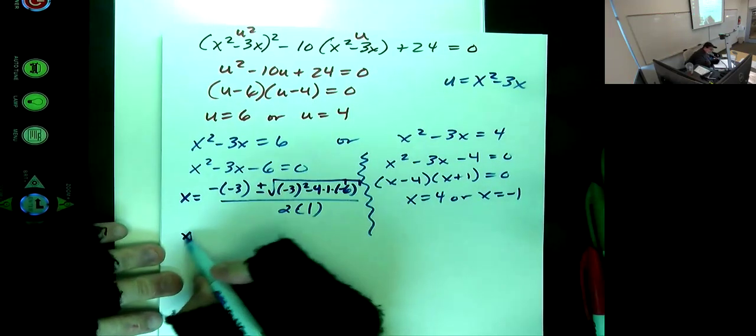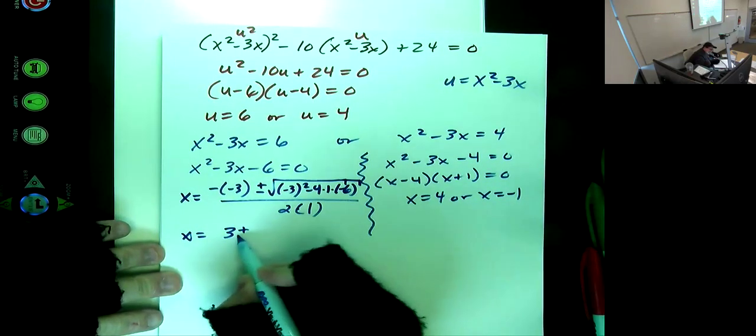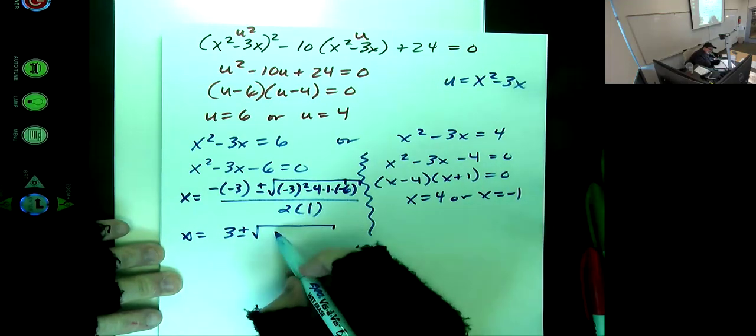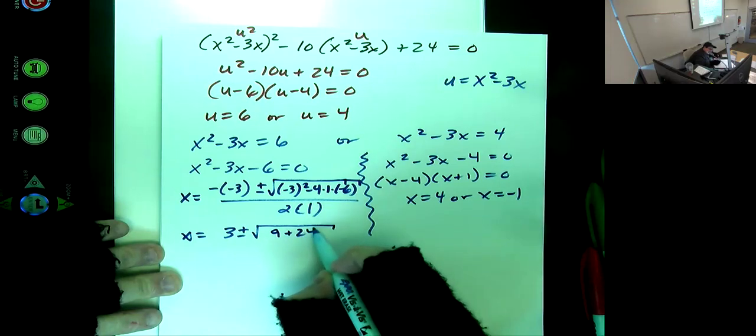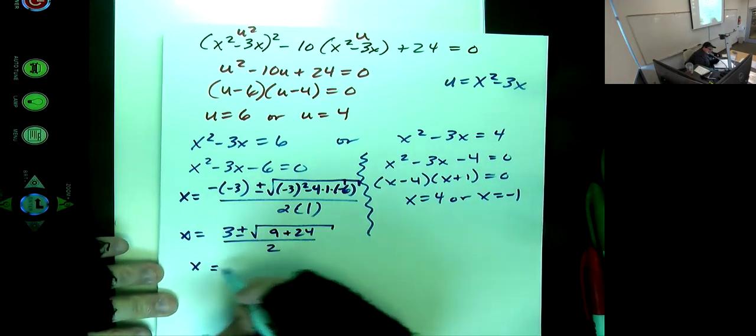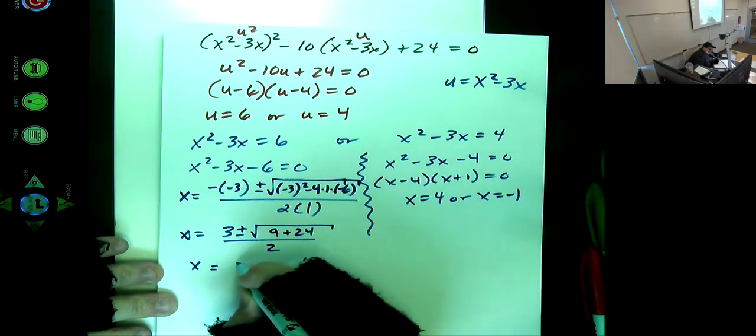So we clean that up, we get 3 plus or minus, that is 9 plus 24 over 2. This is some ugly stuff.